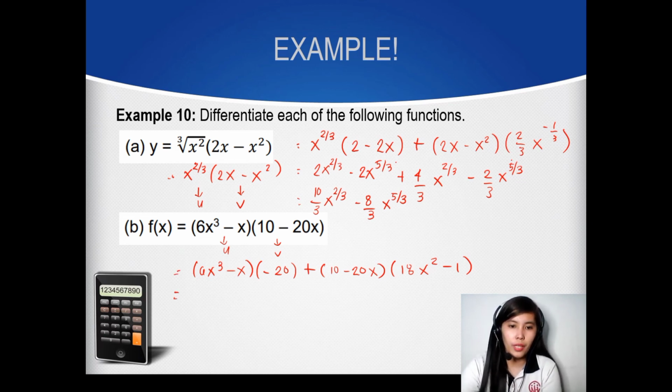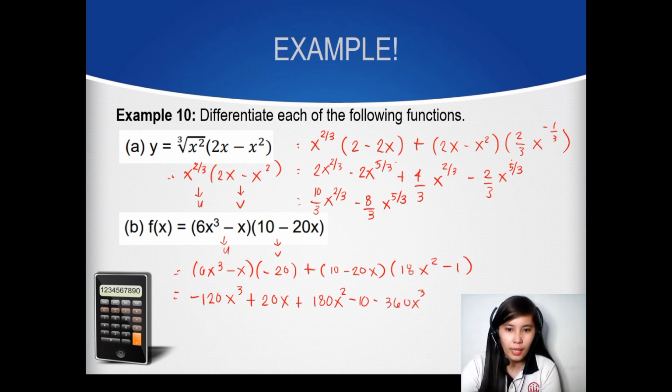So 6x cubed minus x times negative 20 is negative 120x cubed plus 20x. Then this one, 10 times 18x squared, 180x squared. First, outer, negative 10. Inner, negative 360x cubed.